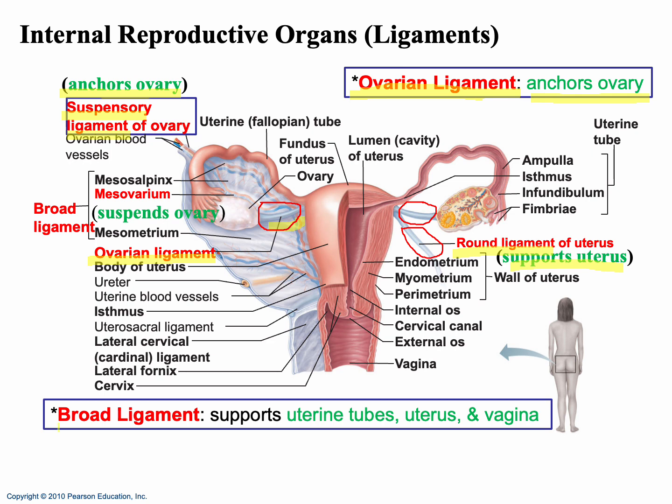And the one on the bottom here we have is the broad ligament. Broad because it's very vast, a very large sheath, which doesn't just support one particular organ, but many. So it can support the uterine tubes. That's just a fancy term for fallopian tubes. It provides support for the uterus and also the vagina. So here's the broad ligament here.